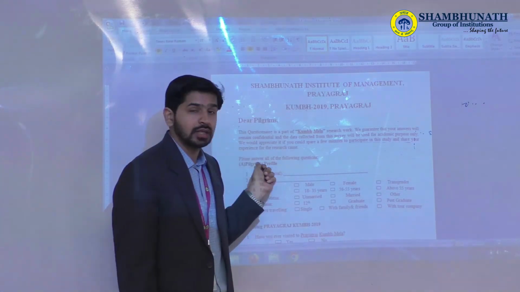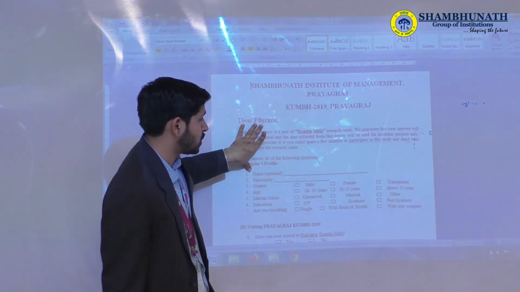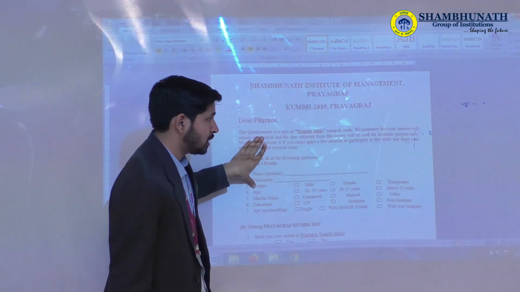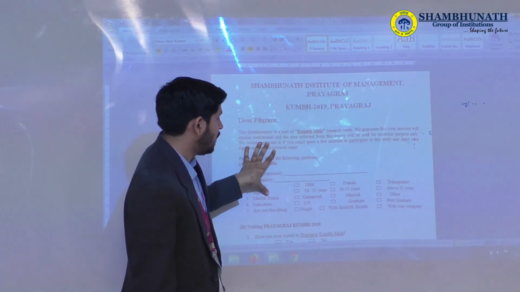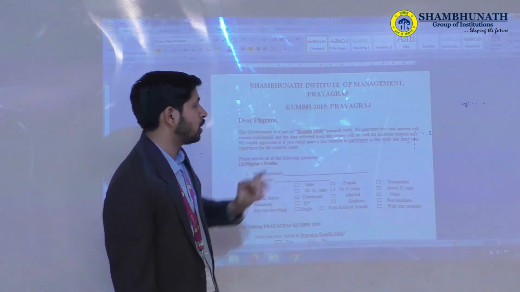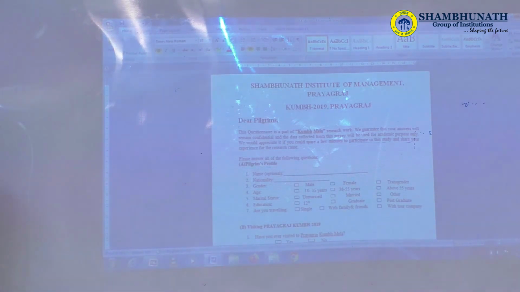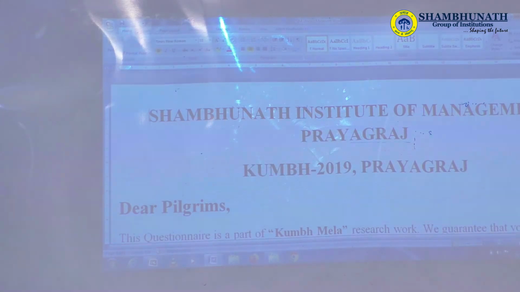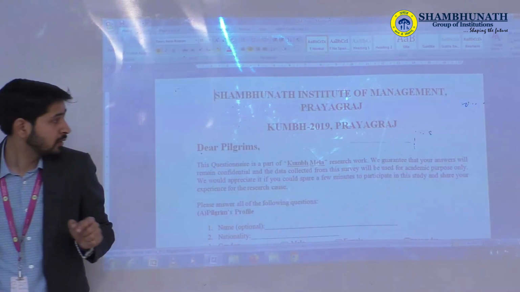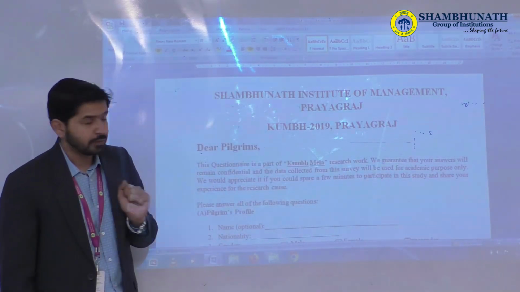It means whatever information we collect from the pilgrims, that information is confidential and will be used for academic purpose only.